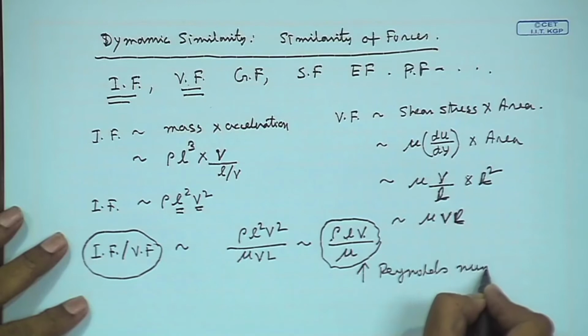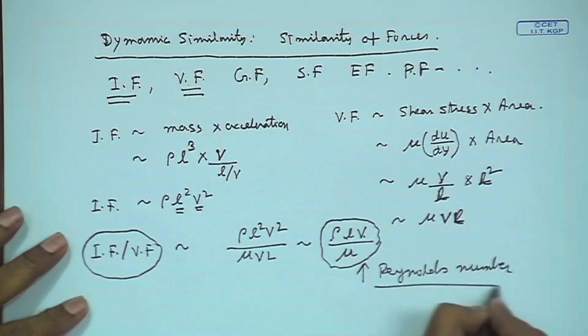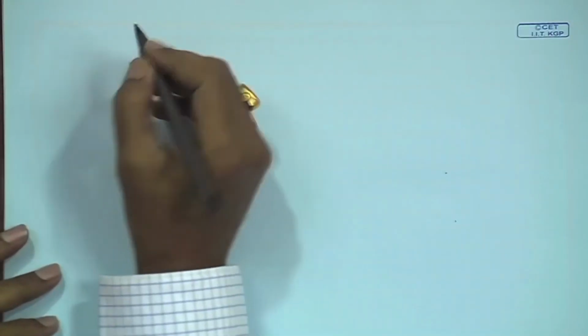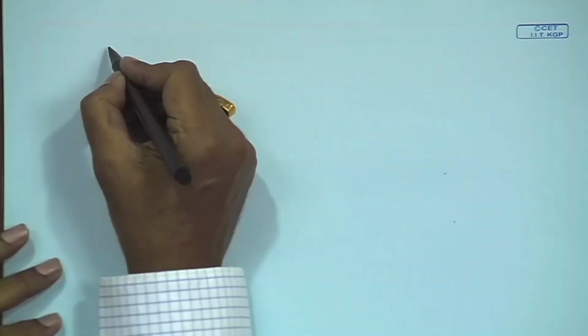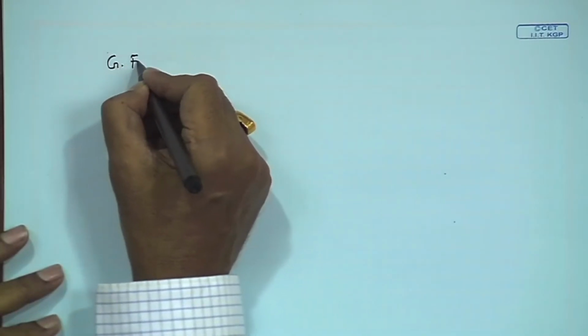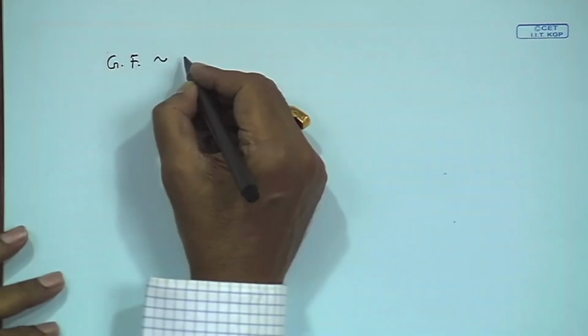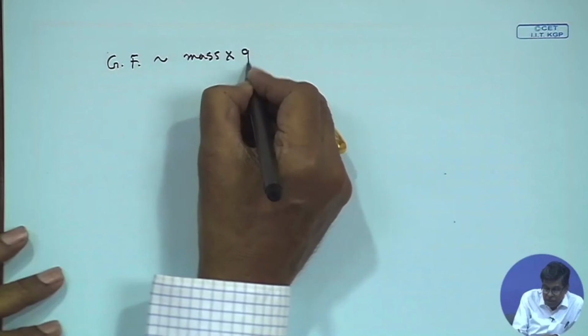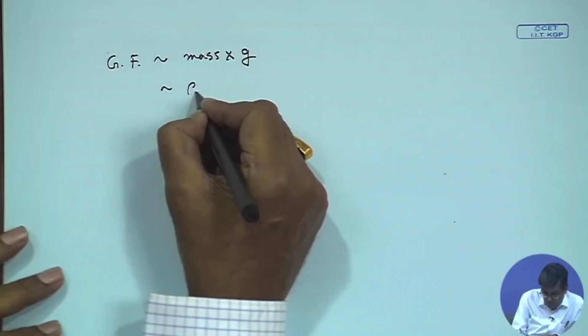So, in a similar way we can derive various dimensionless numbers. Another example: problems or processes governed by both inertia force and gravity force. Now, gravity force is scaled as mass into acceleration due to gravity, mass into g, and mass is rho L cube.